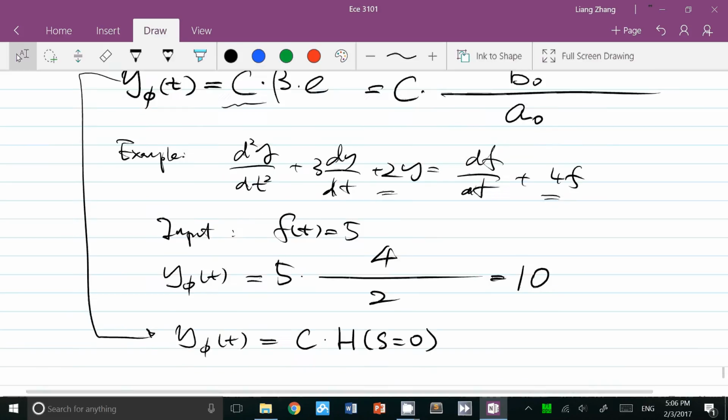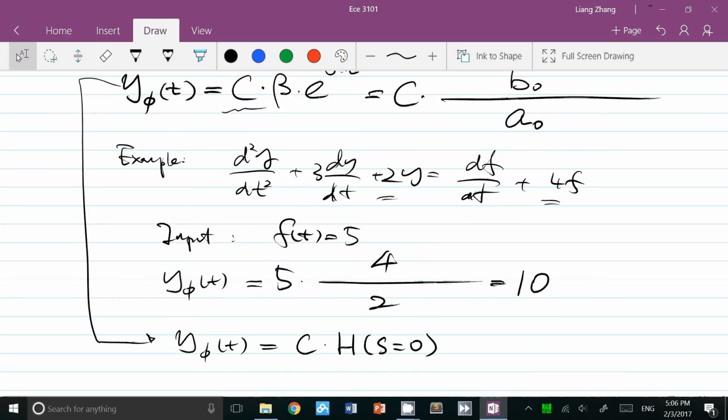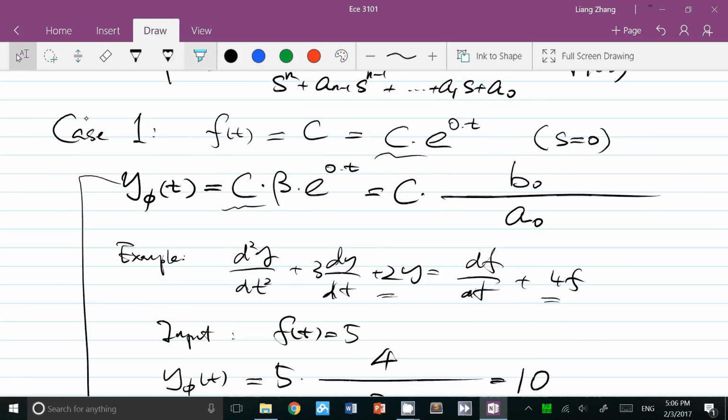Now in your circuit theory, this constant value is sometimes called the DC signal, right? It's direct current. Doesn't change over time.